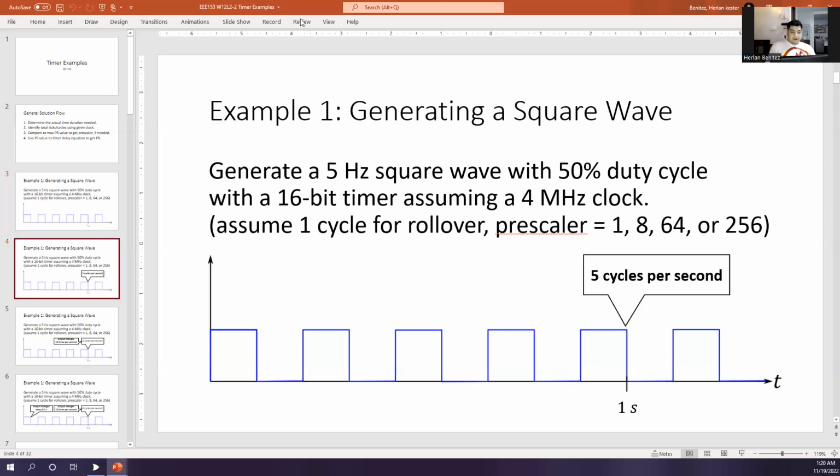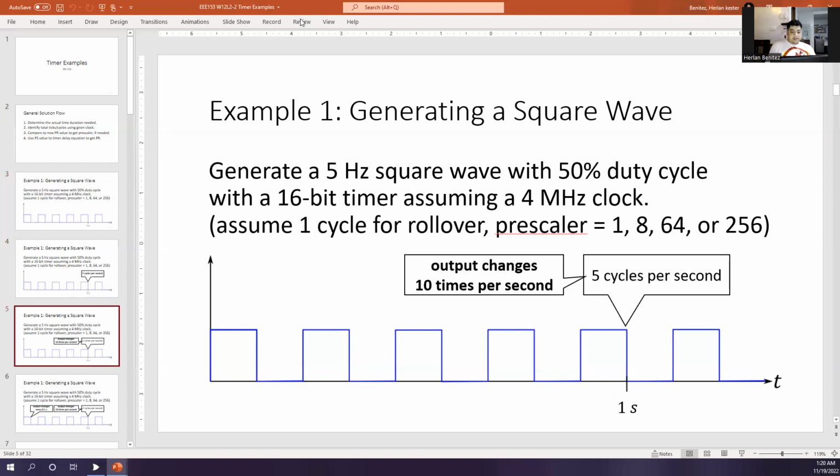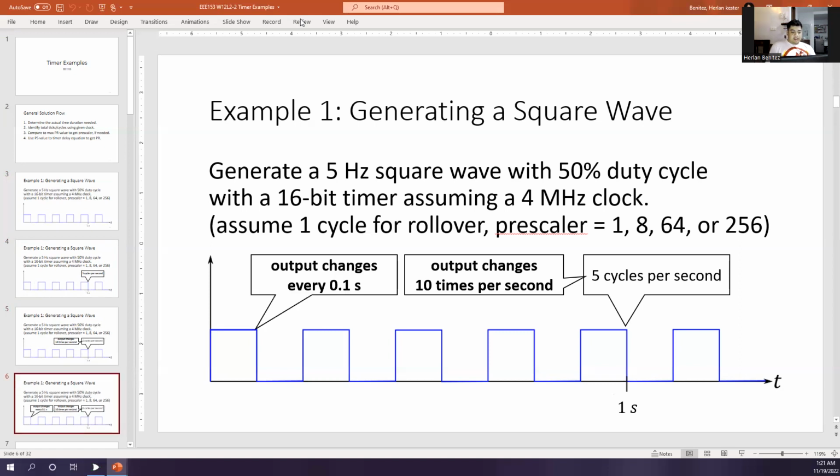So, a 5 hertz square wave, that means 5 cycles per second. So, yung output natin nag-change 10 times per second. Ang kailangan natin i-generate na delay is, or yung output natin changes every 0.1 seconds.